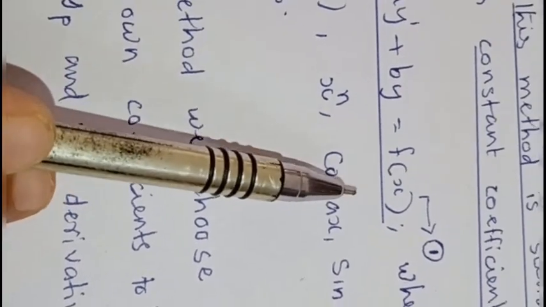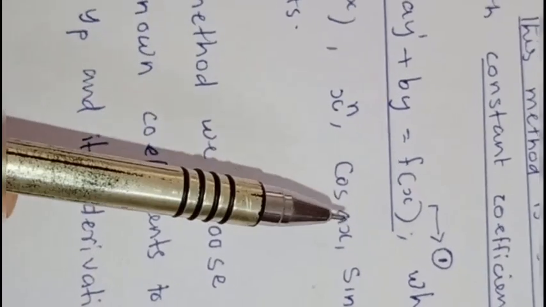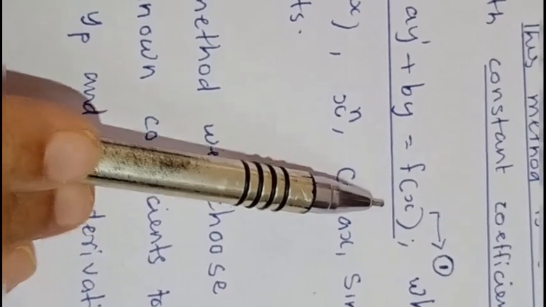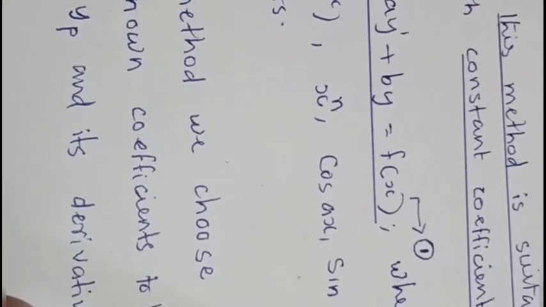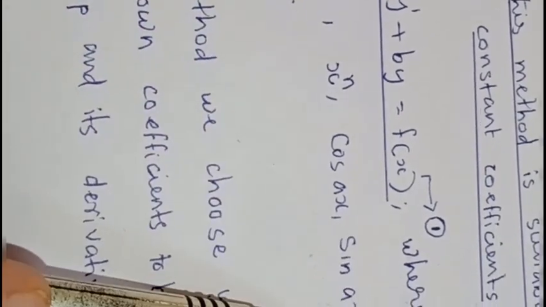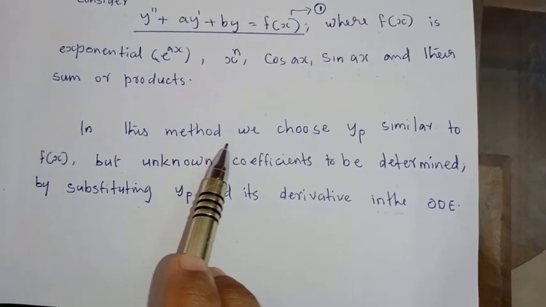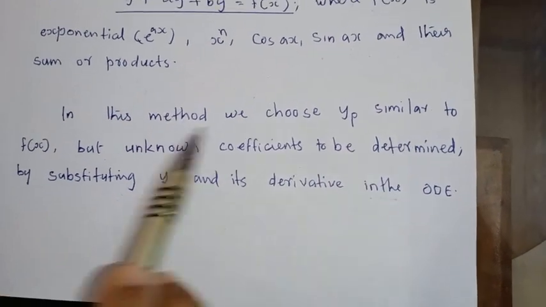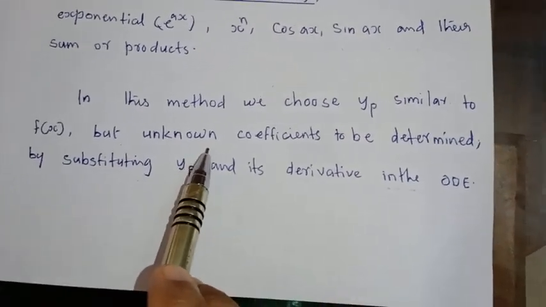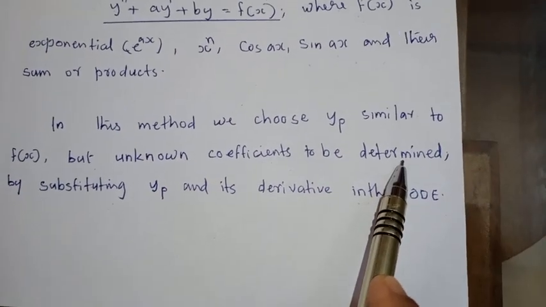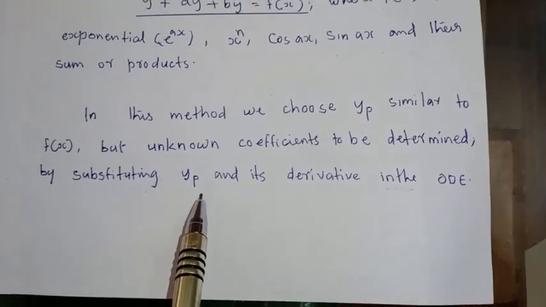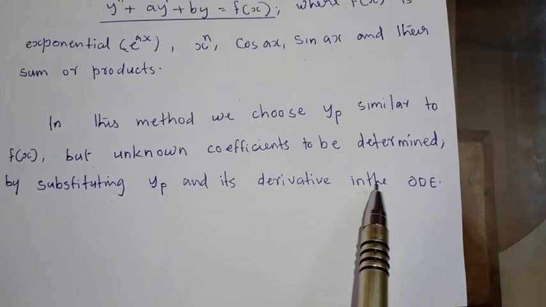In a similar manner, this method is also applicable when f(x) takes one of these forms or a linear combination, sum or products of these functions. In this method, we choose yp similar to f(x) but with unknown coefficients to be determined by substituting yp and its derivatives in the ODE.